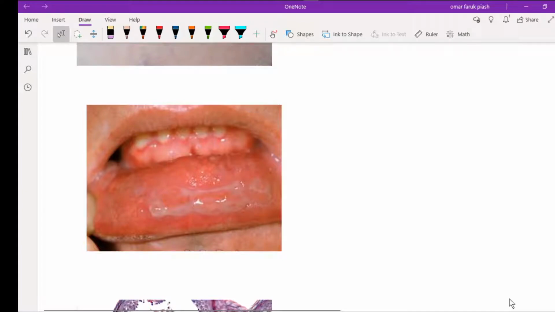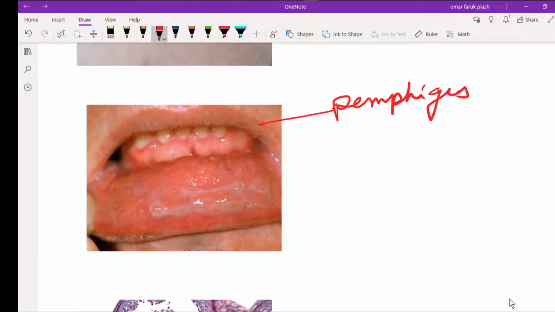In pemphigus vulgaris, what happens is autoimmune destruction of the desmosomes between the keratinocytes. In here there is IgG.